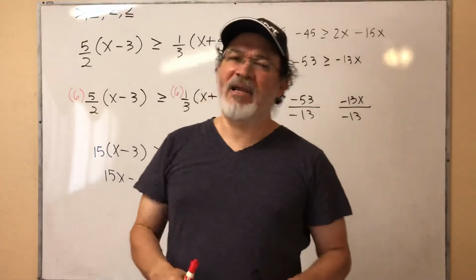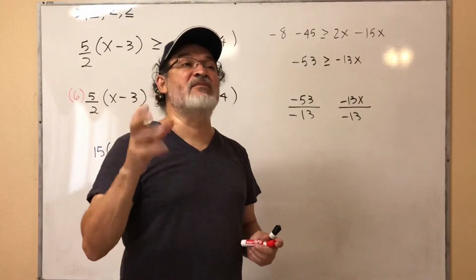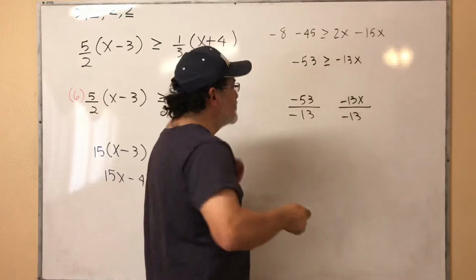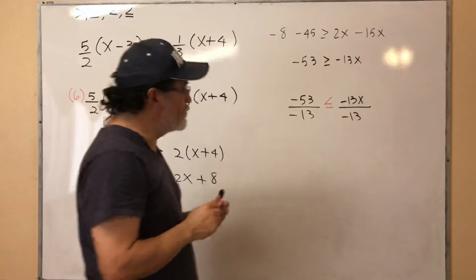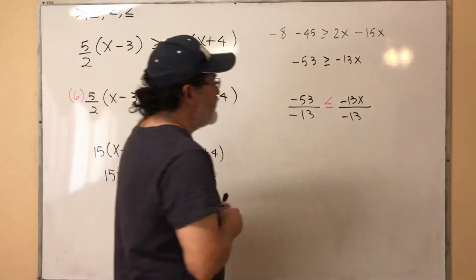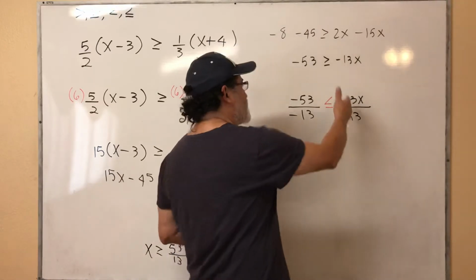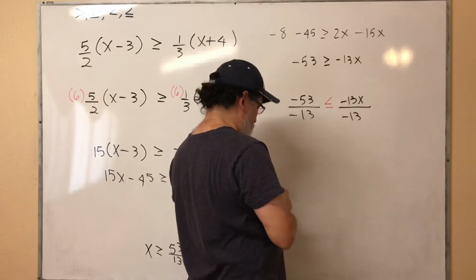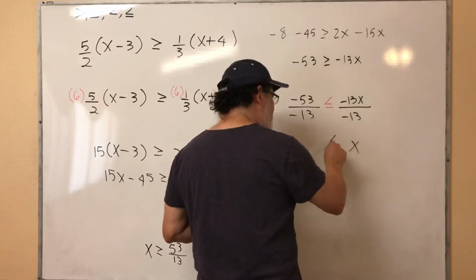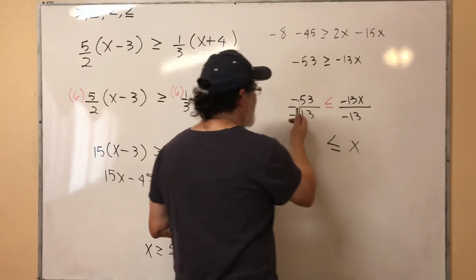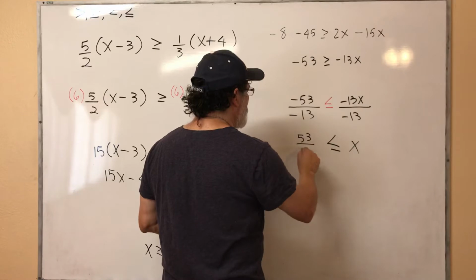Whenever you divide or multiply by a negative in an inequality, the symbol reverses. The inequality symbol, that is. There you go. The negative 13 cancels. So we get x greater than or equal to, what's a negative divided by a negative? Positive. 53 over 13.